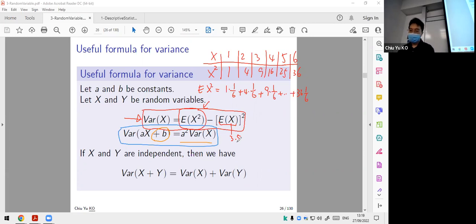Okay. And the second thing you will see is the following: we have multiplied by a. The variance will be multiplied by a squared. Okay. So if you double your magnitude, the variance actually will be quadrupled. Because if a is 2, then a squared is 4.